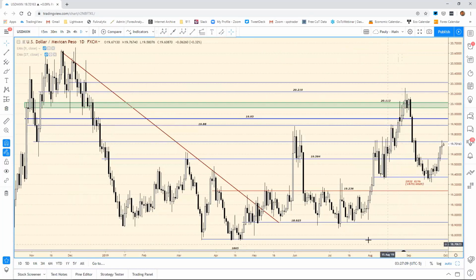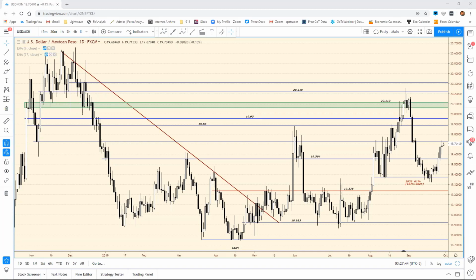Let's move into the peso. The dollar peso bulls have finally secured a daily close above 1960 to generate upside momentum.